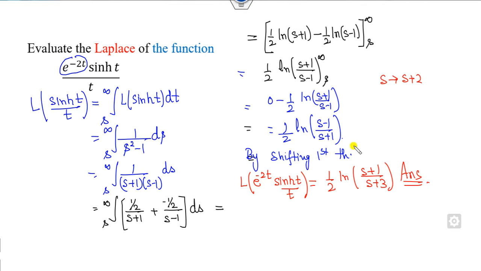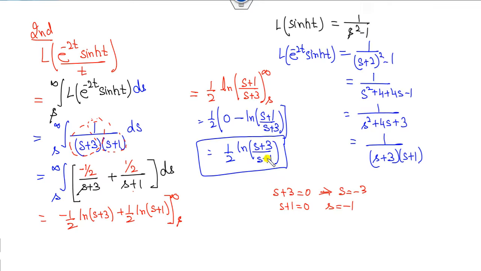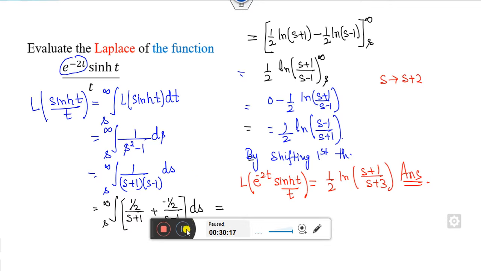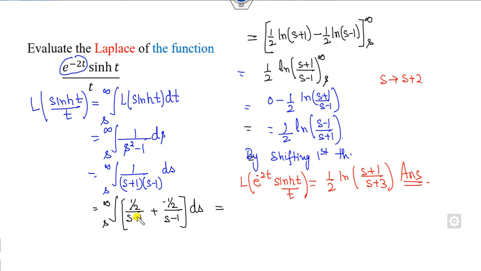So there is a reverse sign. Can you identify where is the error? It's (s plus 1)/(s plus 3). I got (s plus 3)/(s plus 1). Can you identify where is the mistake? I will check this part firstly. Yes, this is the mistake. When I take s plus 1, this number is a negative. Fine. When you substitute s is equal to 1, this number is my positive.